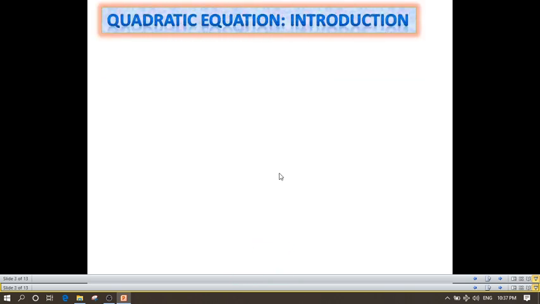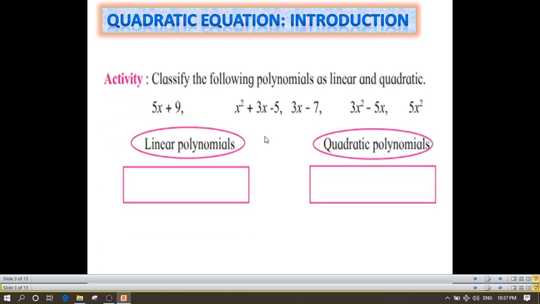Now first consider introduction. To study the general form, that is the standard form of quadratic equation, first consider the activity. Activity is classify the following polynomials as linear polynomials and quadratic polynomials.